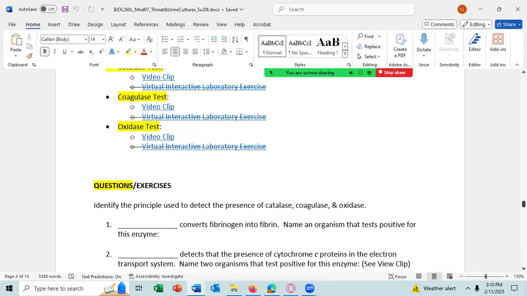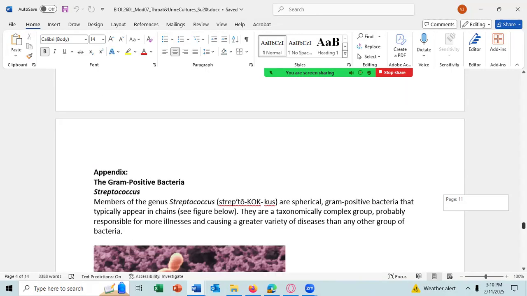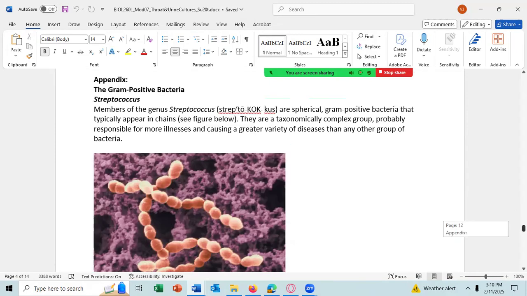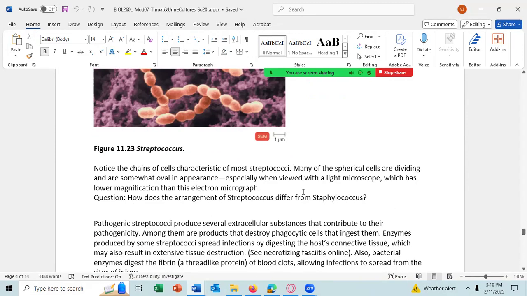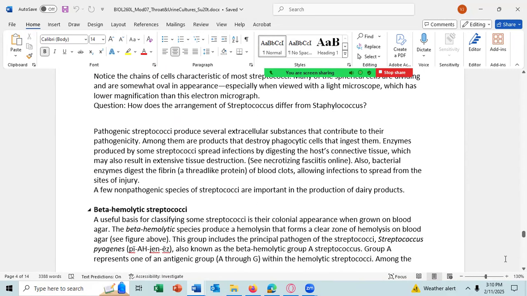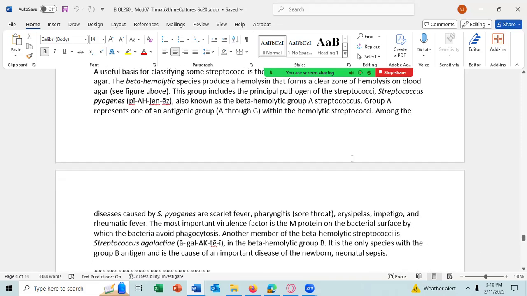After the questions, which you might not even have, there's the appendix talking about gram-positive streptococcus, specifically Streptococcus pyogenes. Talking about the beta hemolytic streptococcus, which Streptococcus pyogenes is, but there are other streptococcus which are also beta hemolytic.